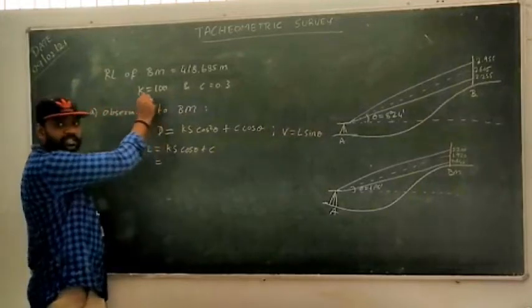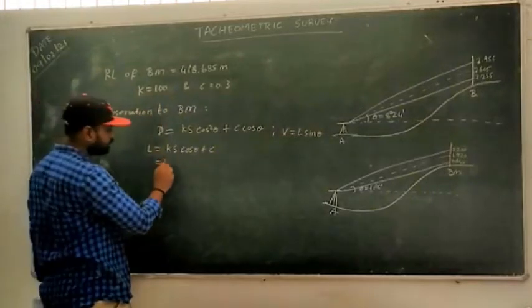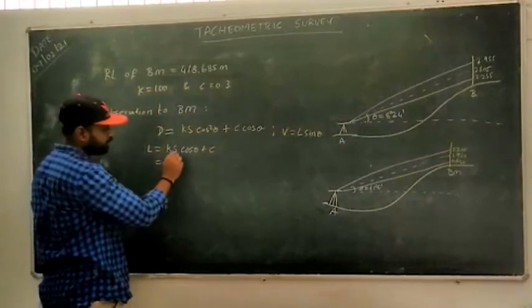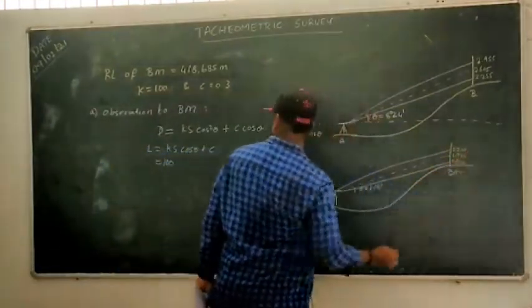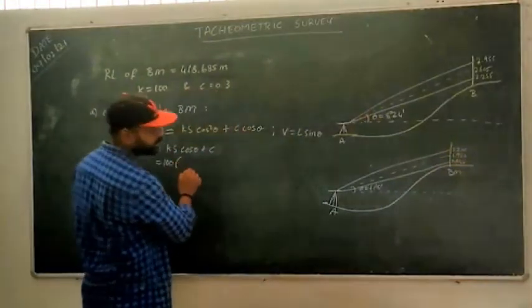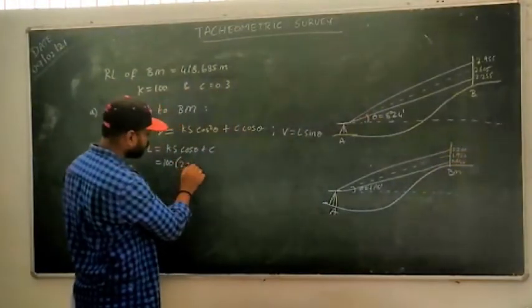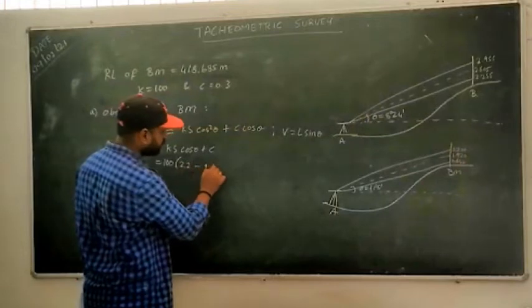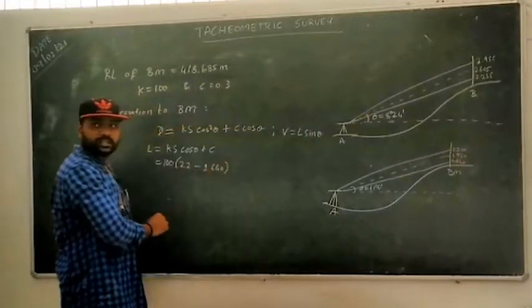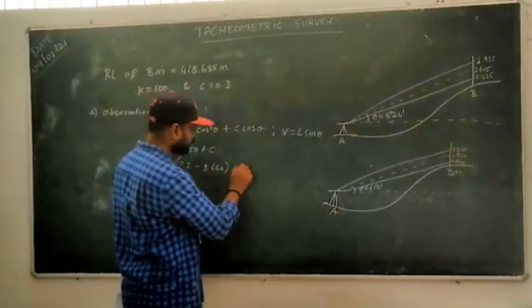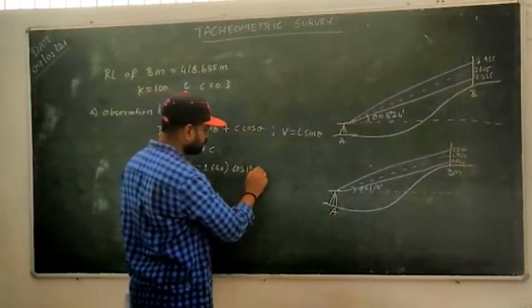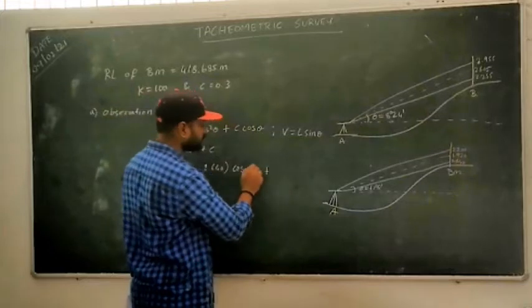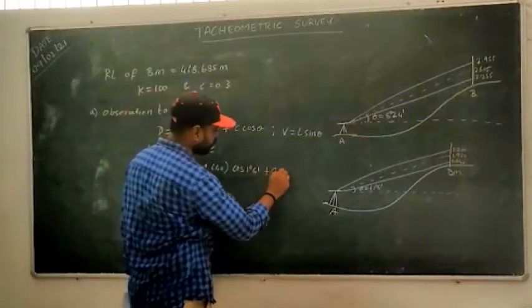K is the multiplication constant, that is 100, and S is 2.2 minus 1.640, into cos theta, where theta is 1 degree 6 minute, plus C, which is 0.3.